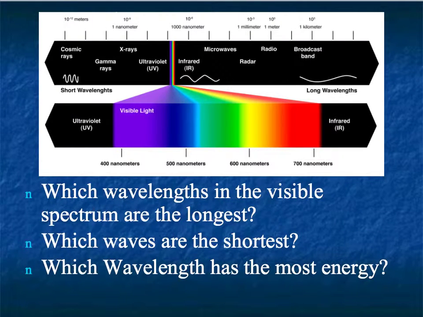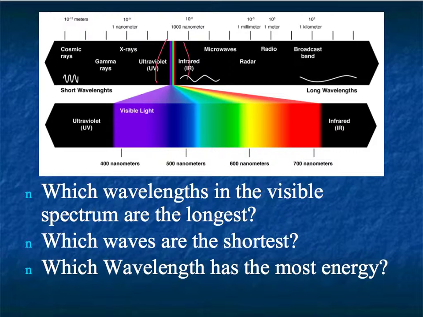Alright, so what we have here is called the electromagnetic spectrum, and it shows all different forms of light. And in this little section right in here is where the visible light is. And we have our nanometers down here, which has to do with the wavelength. Let's focus on wavelength.